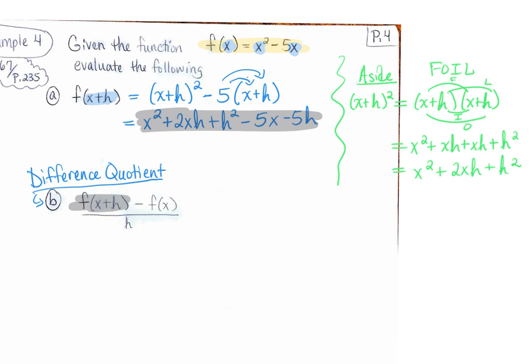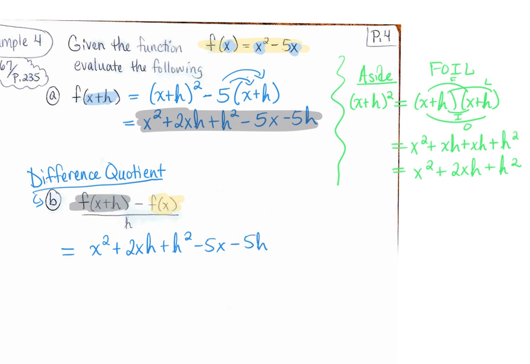What is f of x? Very good. So it's the yellow highlighted. So this is a substitution game now. So we have x squared plus, go ahead, plus h squared. Minus 5x minus 5h.